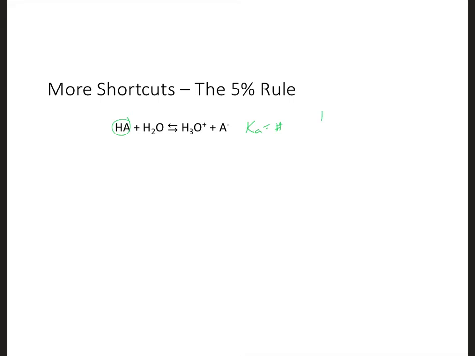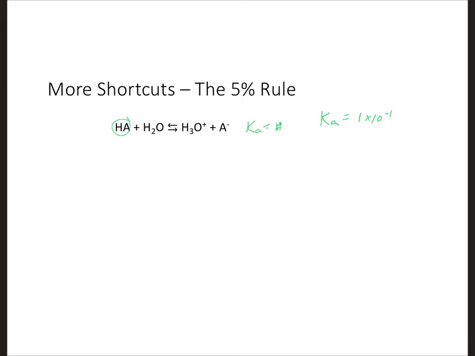If the Ka is close to 1, say 1 times 10 to the minus 1, or 1 times 10 to the 0, which would just be 1, then a lot of the HA, a lot of that acid, is going to dissociate. So we're going to end up with a lot of H3O.